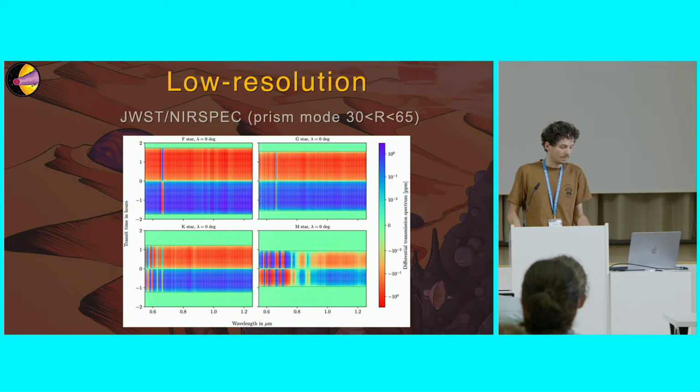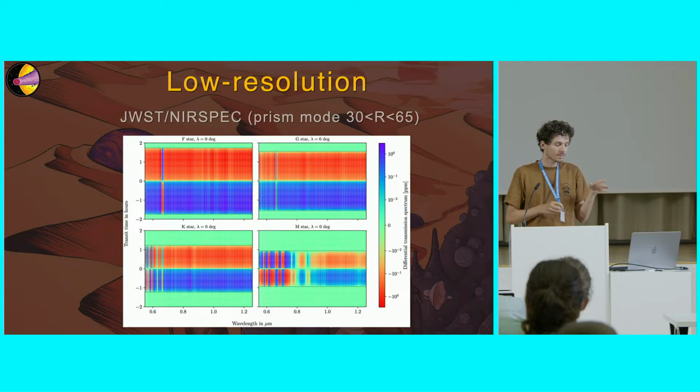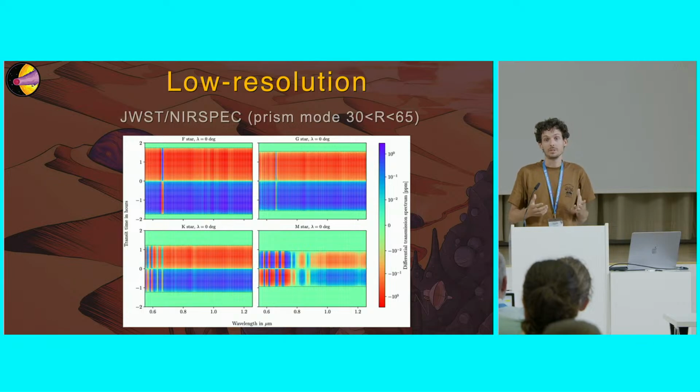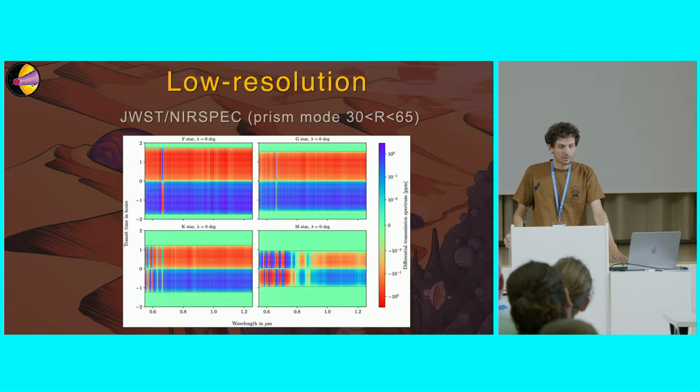Just for a sanity check, I tried to generate an atmosphere and fit it, including that contribution, and I always recover the input parameter of that atmosphere. So at least very low resolution is safe.